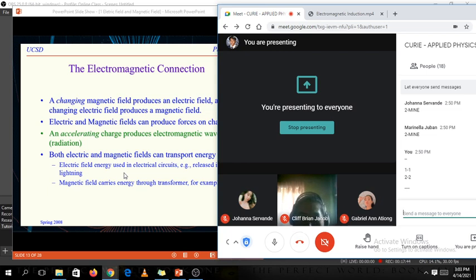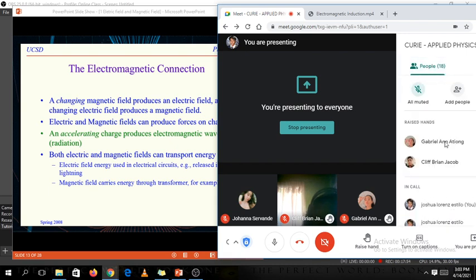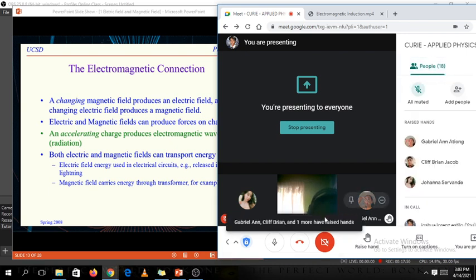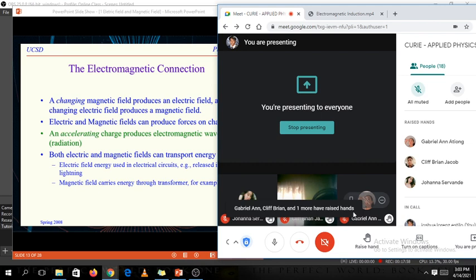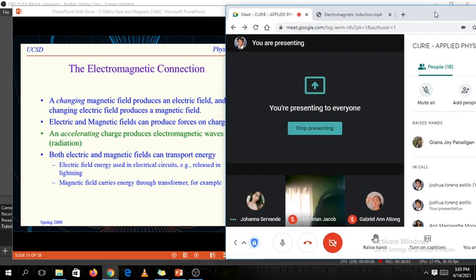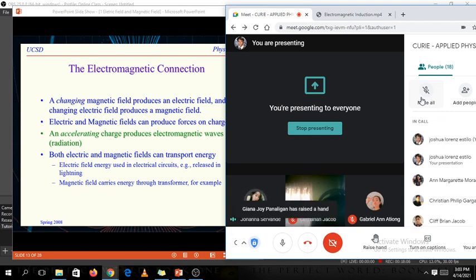In the electromagnetic spectrum, when you were in grade 8. I'll ask somebody, raise your hand. Joanna. Sir, the higher the frequency, the shorter the wavelength. Correct. So the greater the frequency, the shorter the wavelength.